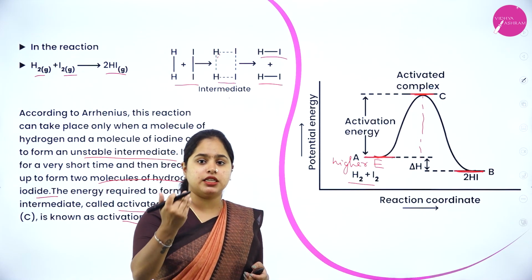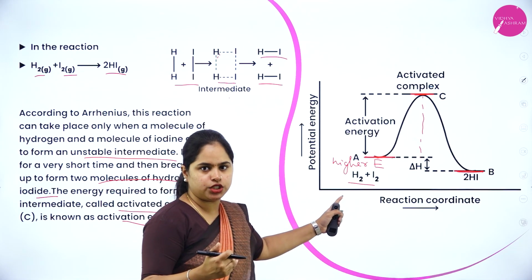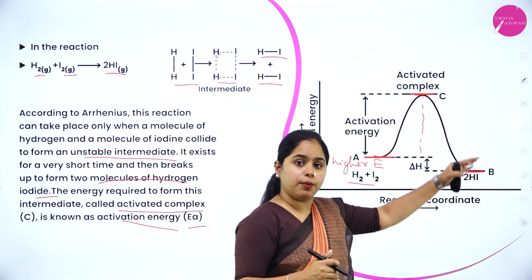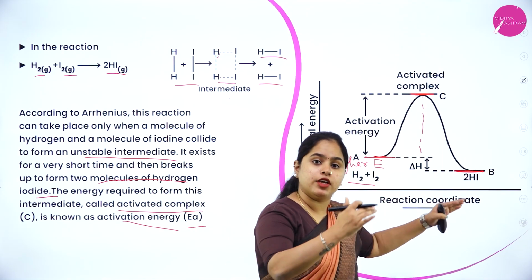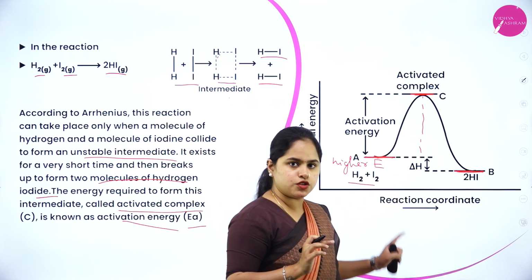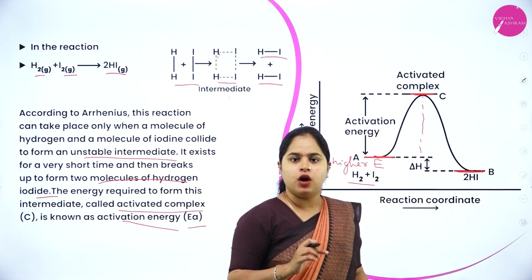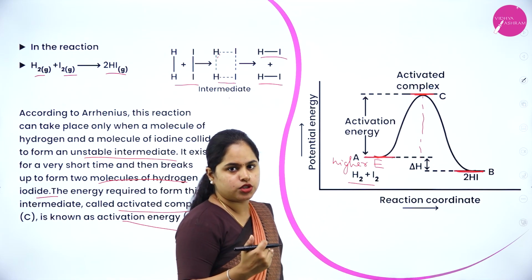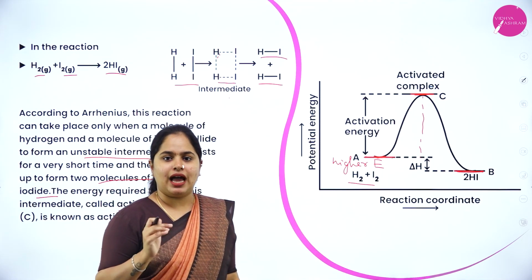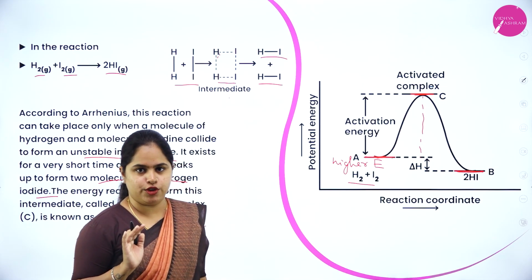Since it is potential energy here, higher energy means less stable. Once it forms the product, it has lower energy because it is more stable. That is why the reactants are shown here and the products are shown here. So lesser energy and more stable will be the products. I hope the graph of activation energy and activated complex is also clear for you.